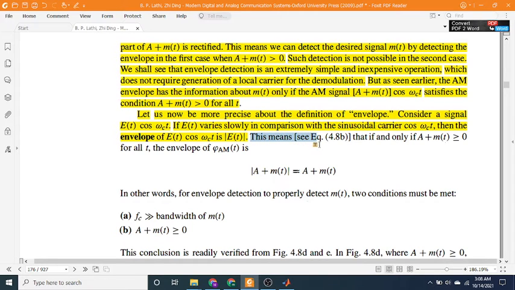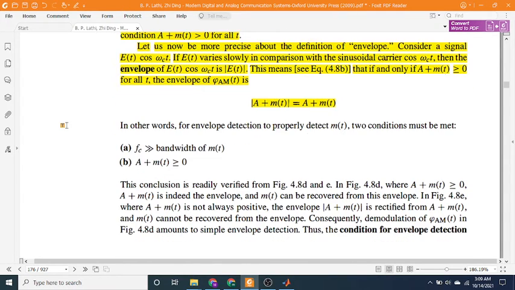This means that, per Eq. 4.8b, if and only if A + m(t) > 0 for all t, the envelope of φAM(t) is |A + m(t)| = A + m(t).